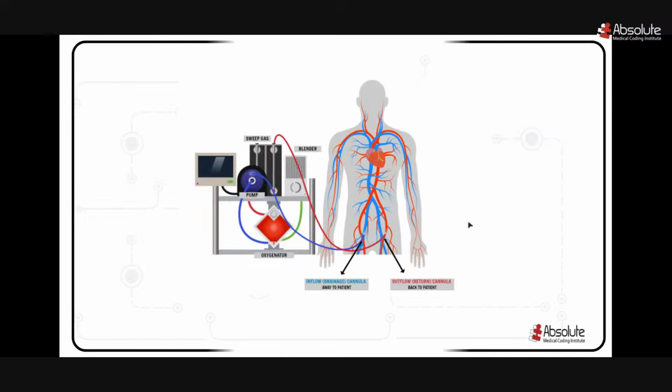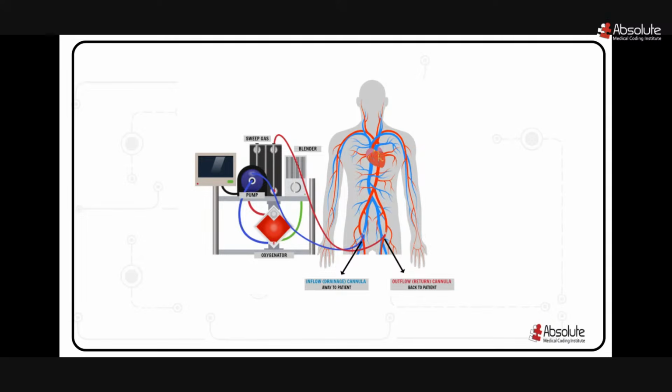Okay, now let's use this image to understand how an ECMO works, because I love these visual images and it helps me understand better. So you can take a look at the diagram.